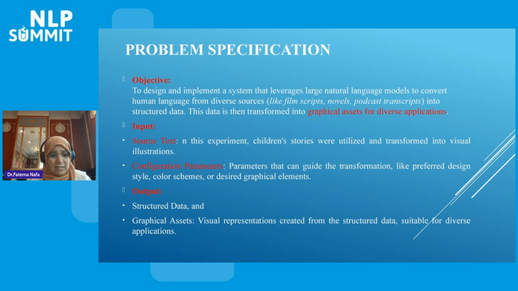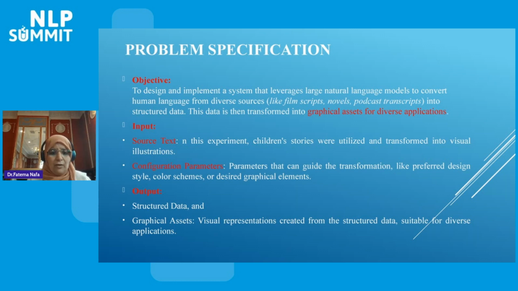As input and output, we have source text data used in this experiment, where the data are text files from children's stories from the publicly available Project Gutenberg, to use the data to test and to train.